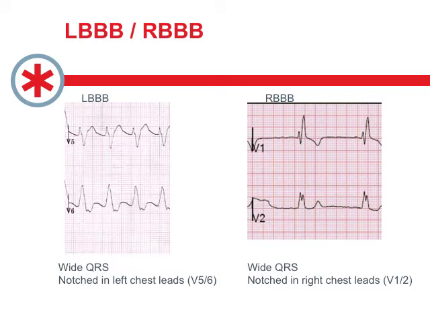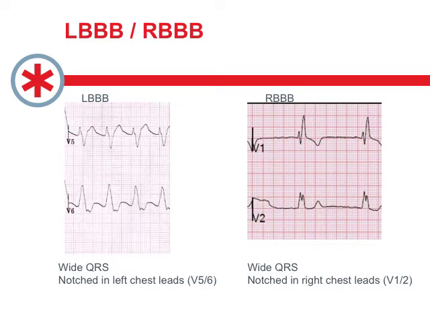That represents the delayed activation of your left ventricle. And you remember it's on the left because when you put your ECG stickers on your patient, V6 sits over the left aspect of the chest and the left ventricle.